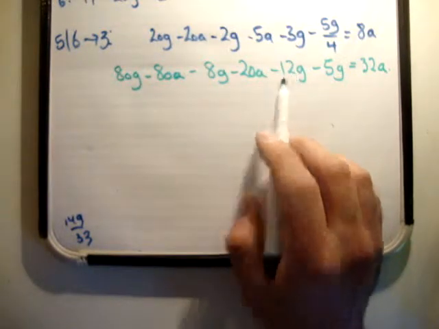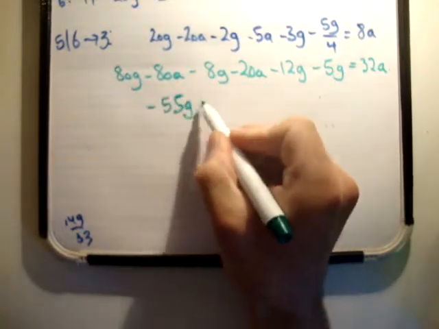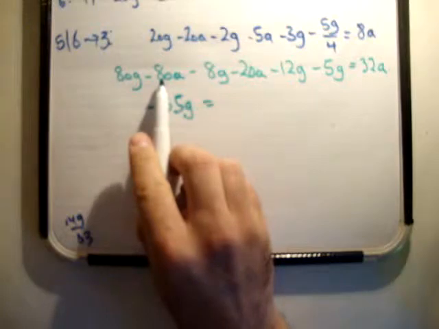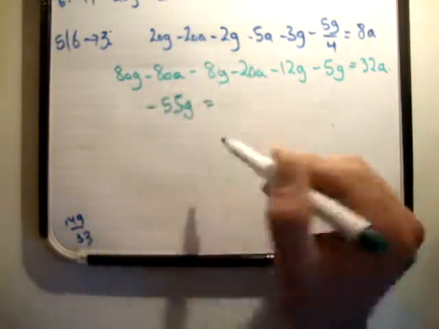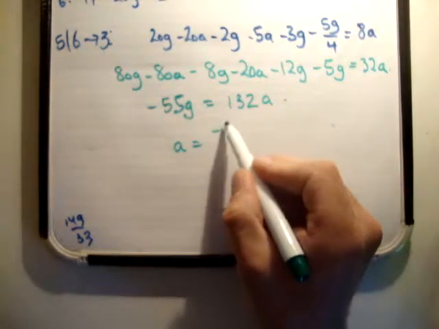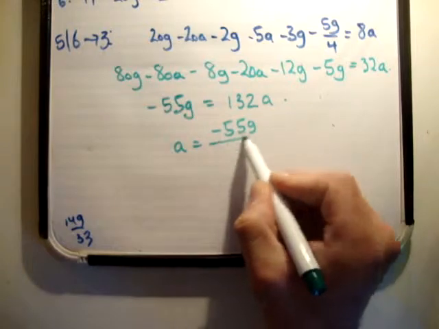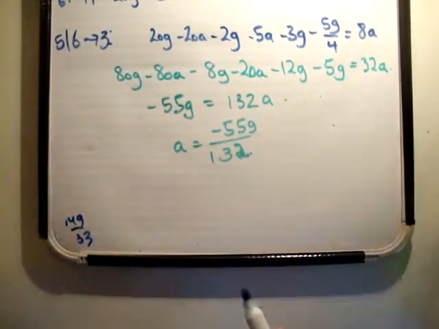That becomes minus 60, minus 55g. And on the other side, negative 80 and negative 20 is negative 100, which becomes 132a over here. So a is equal to negative 55g over 33. Oh, sorry, not 33, 132.